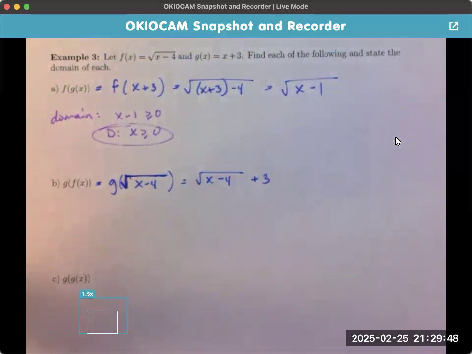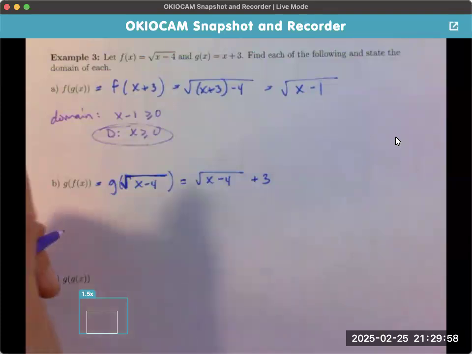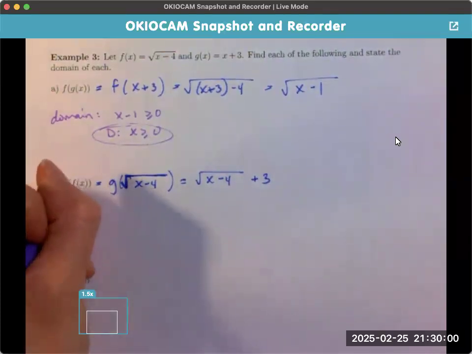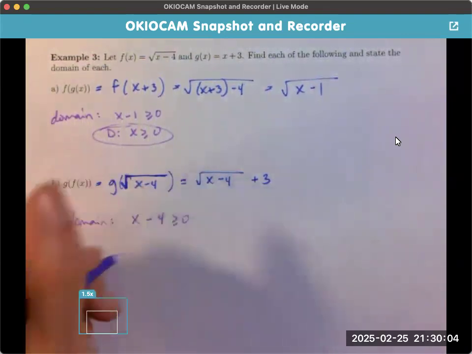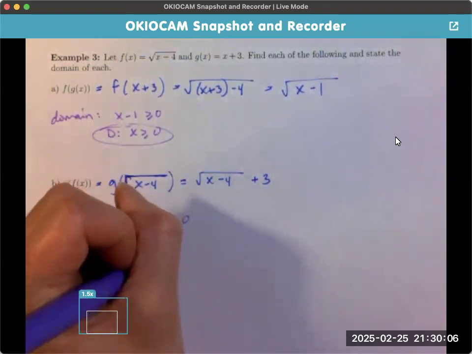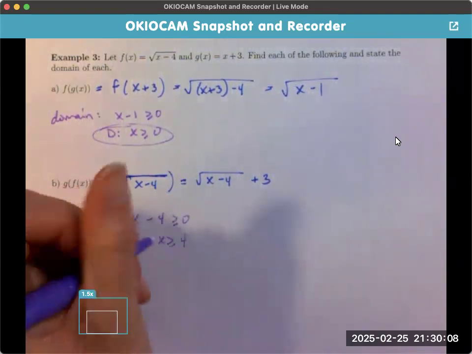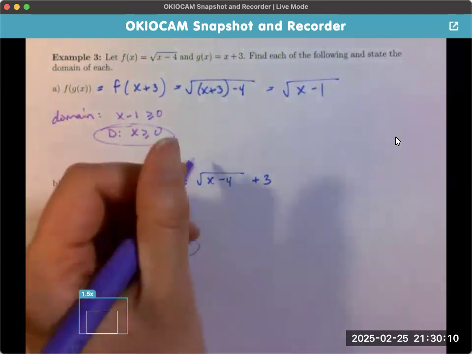It just can't happen. So then domain, same thing. We can't have a negative under here. Take the guts of the root and say you have to be greater than or equal to 0. Well, in this case, x just has to be greater than or equal to 4.